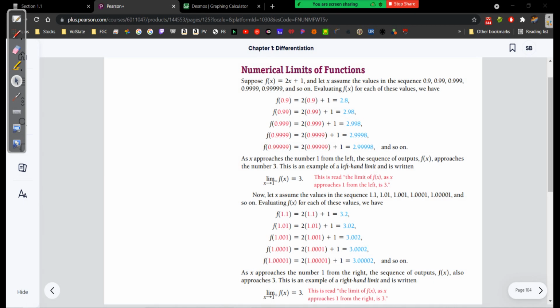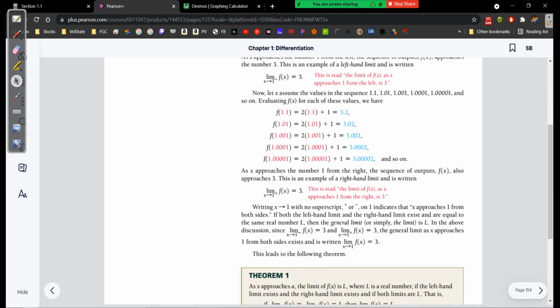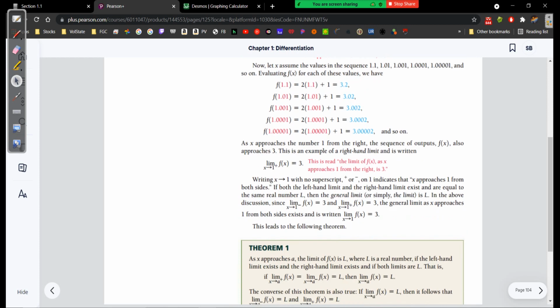On the other side, literally the other side, we now let x assume the values of the sequence 1.1, 1.01, 1.001, and so on. If we evaluate that, it appears that the numbers we're evaluating at are getting closer and closer to the number 1, so we're approaching 1 from the right side.